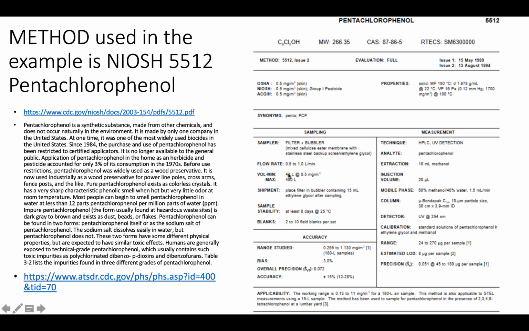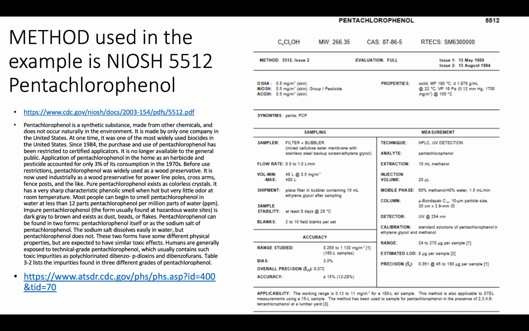This has, because it is a vapor, and most vapors you have to sample at a low flow rate, or you pull the vapor through the media too quickly for it to actually adhere to the media. And so this has a very low flow rate, 0.5 to 1 liters per minute.